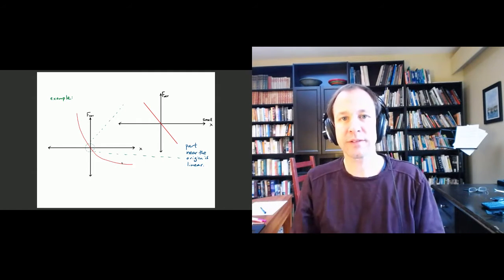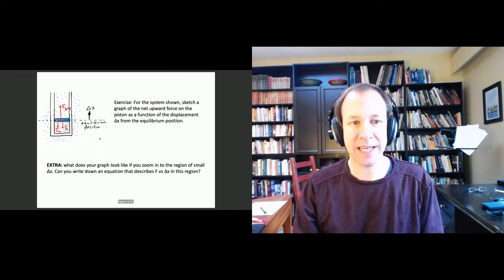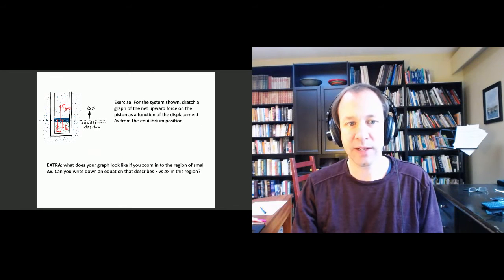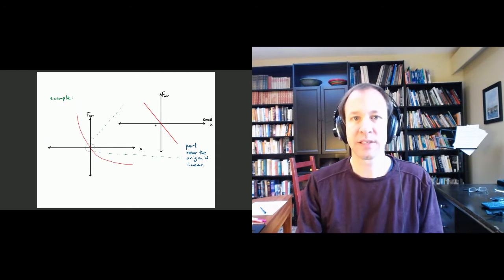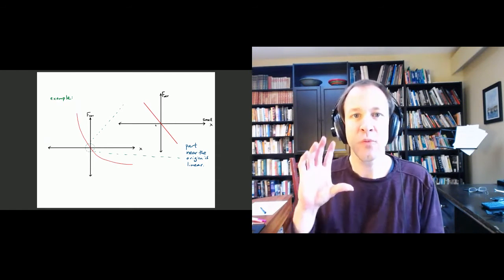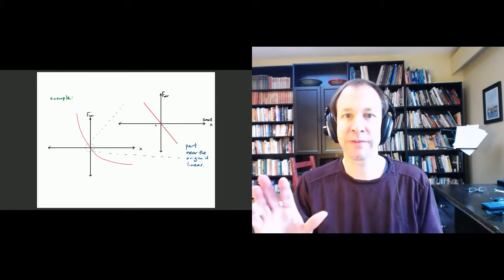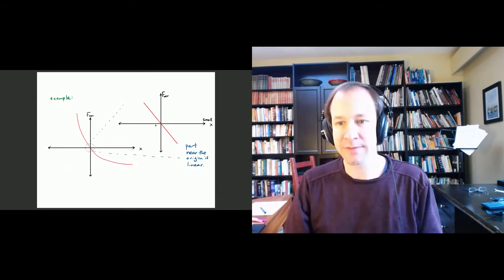So if we're thinking about a fairly general situation with stable mechanical equilibrium, and we just consider very small oscillations, small displacements from that equilibrium position, then we can accurately model the restoring forces as being described by a linear function with a negative slope.